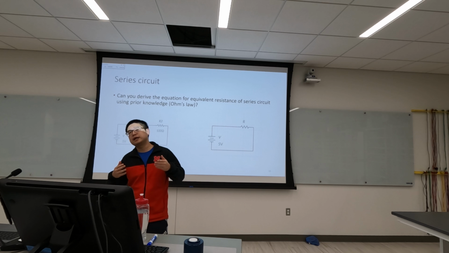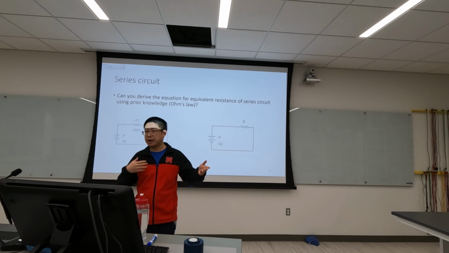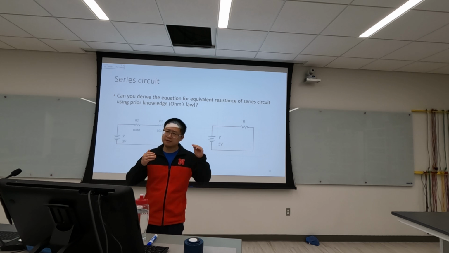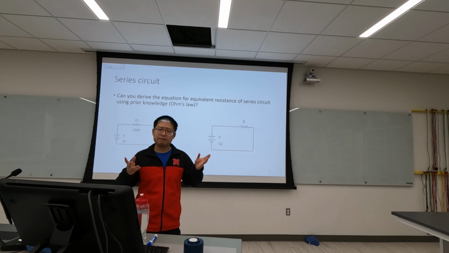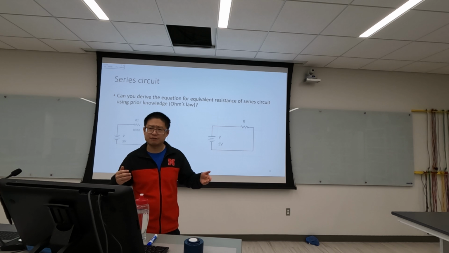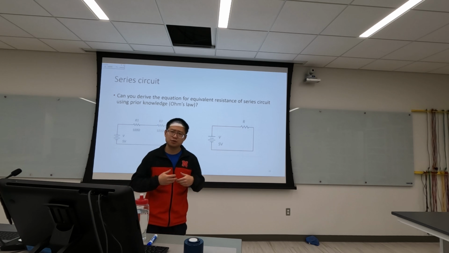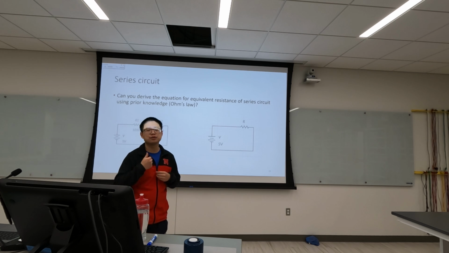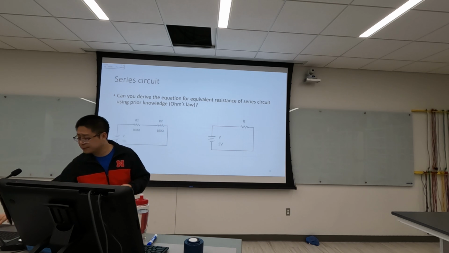So we obtained the relationship by observation, but we also want to verify this relationship using mathematical derivation, using the prior knowledge. So let's take a look how to derive this relationship.